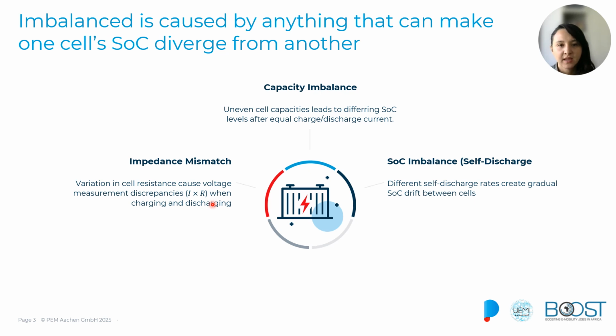internal resistance. All of these factors, whether they are caused by production variations, self-discharge, or impedance differences, will contribute to cell imbalance, and if they are left unattended, and if we don't use any correction, it can cause potential safety risks, significantly shorten the battery lifespan, and also be a problem for the efficiency of our system.